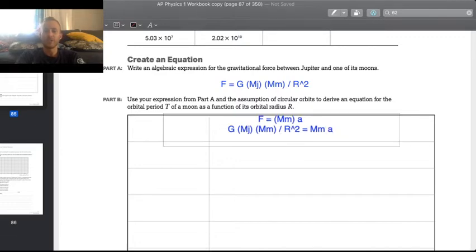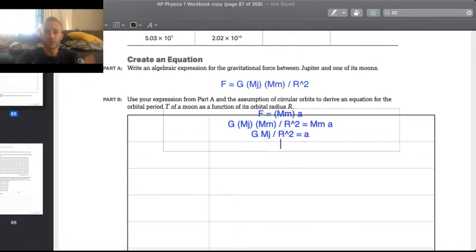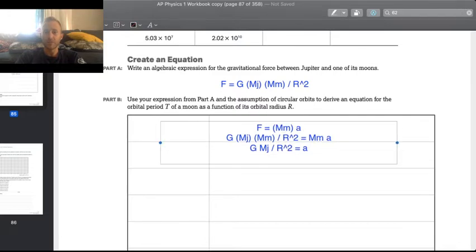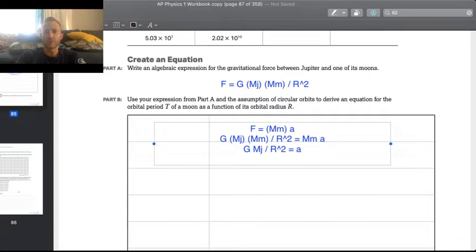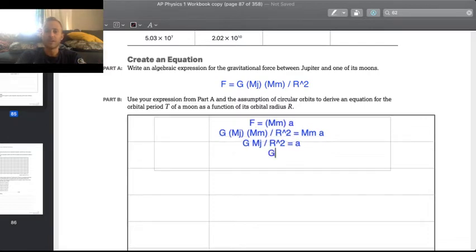So we get G times the mass of Jupiter over R squared equals a. So now the acceleration is the centripetal acceleration. I'm not going to use the v squared over R expression. I'm going to use another expression that we learned in class, which was 4 pi squared R over period squared.